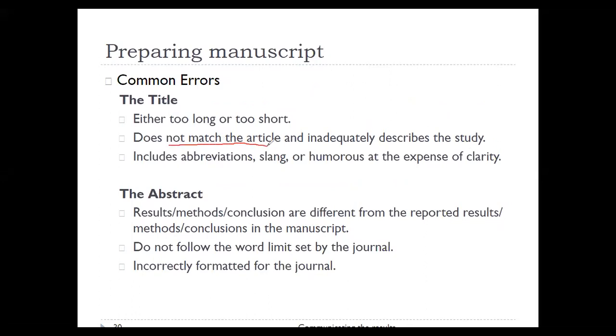It should match the article and it should not inadequately describe the study, right? So the title not matching the research article and the study performed are the most common errors.